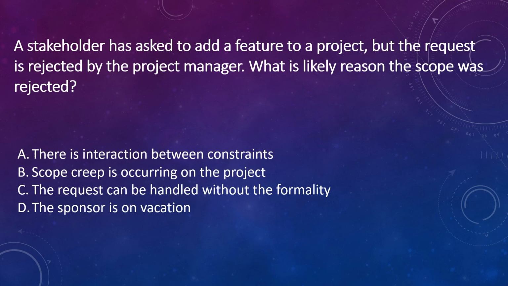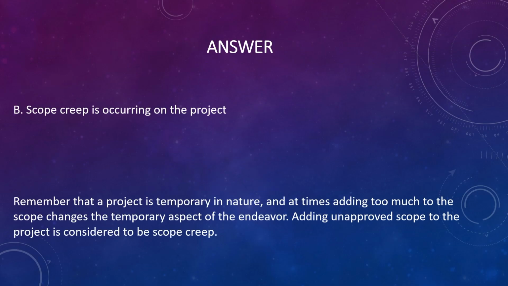D, the sponsor is on vacation. The answer is B, scope creep is occurring on the project. Remember that a project is temporary in nature, and at times adding too much to the scope changes the temporary aspect of the endeavor. Adding unapproved scope to the project is considered to be scope creep.